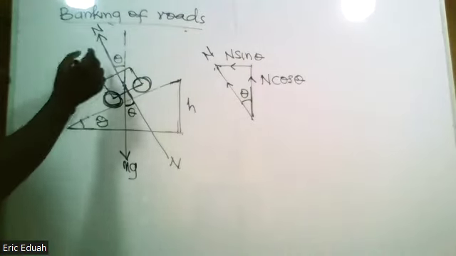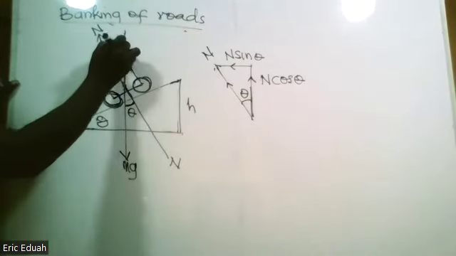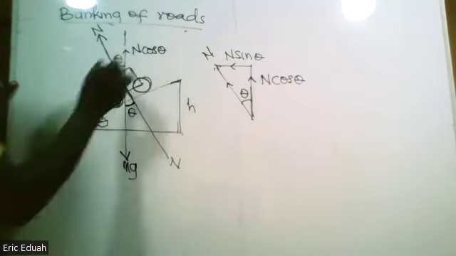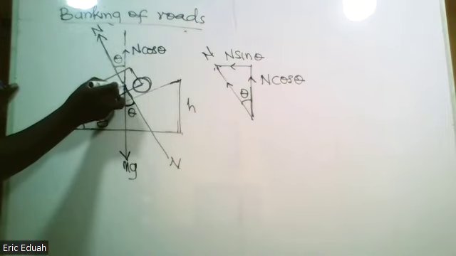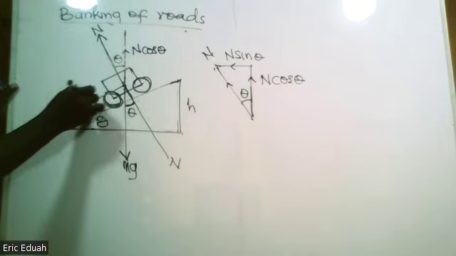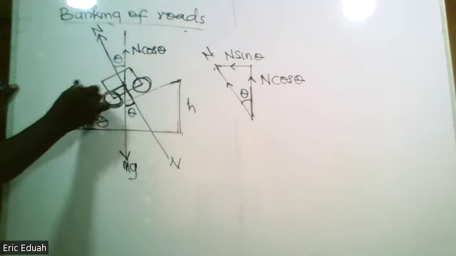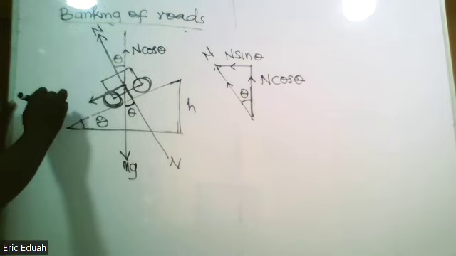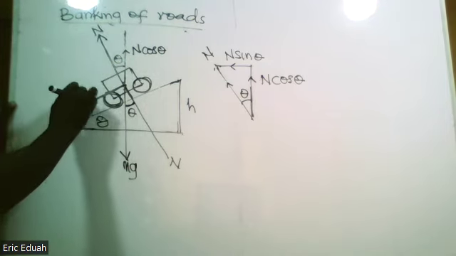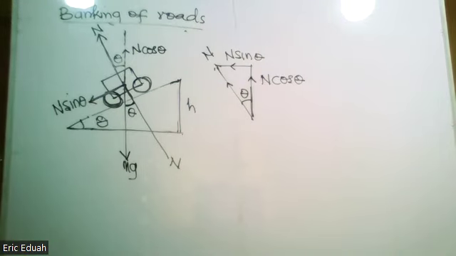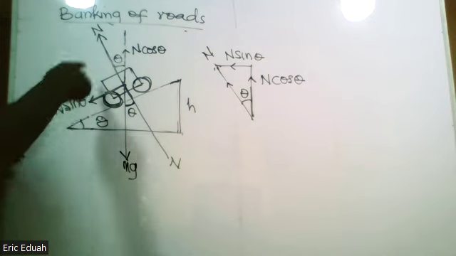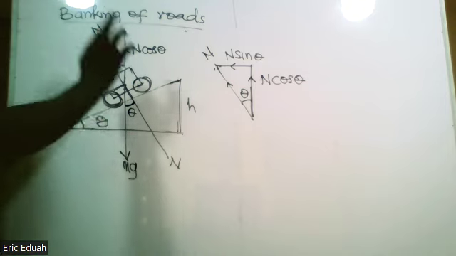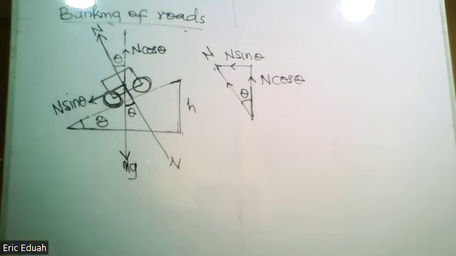So it means when we resolve what we have here, we have this side giving us N cos theta, and this side which we want to bring onto the body or the car, because of equal vectors, bring it here, N sine theta. So we have resolved the normal reaction into its horizontal component and its vertical component.